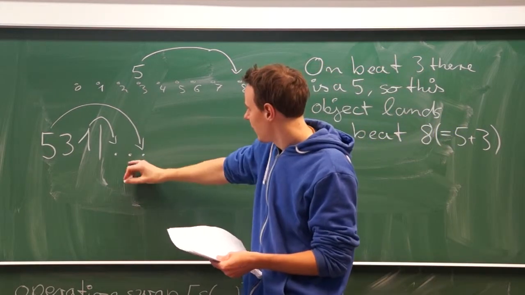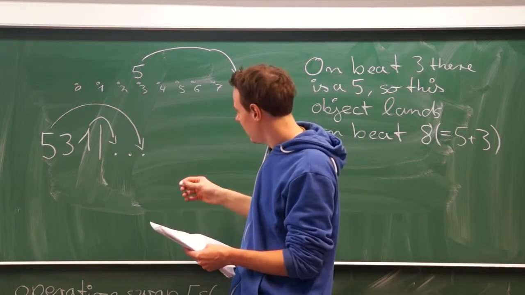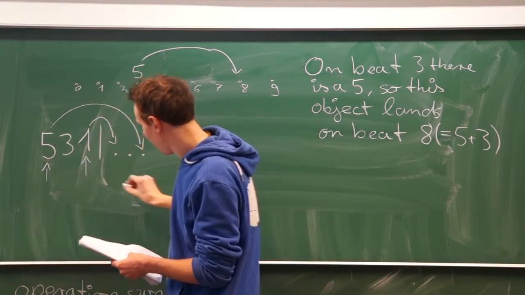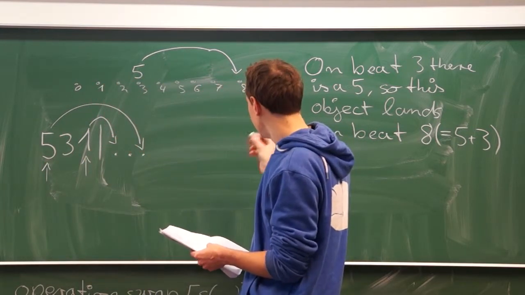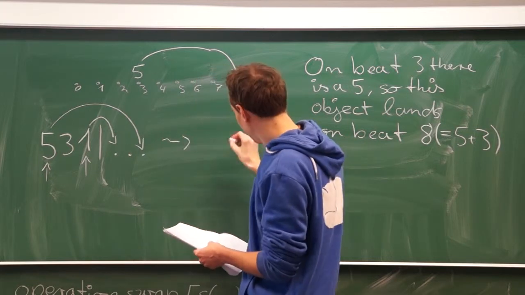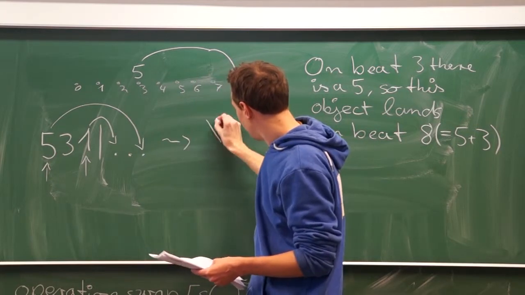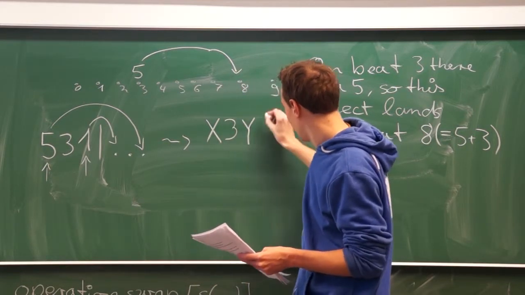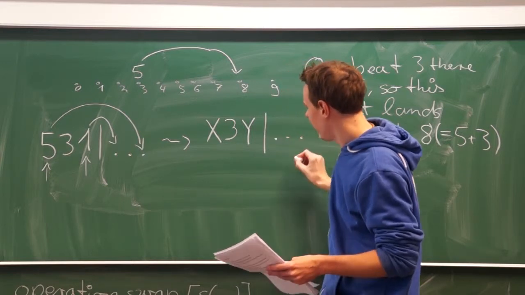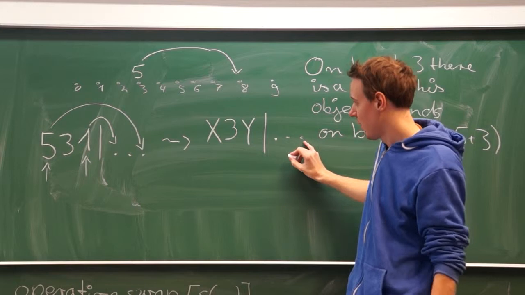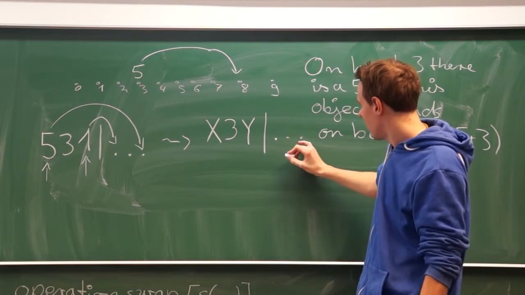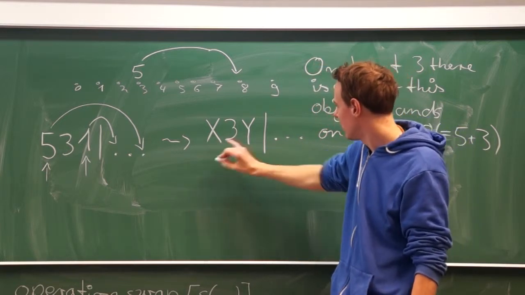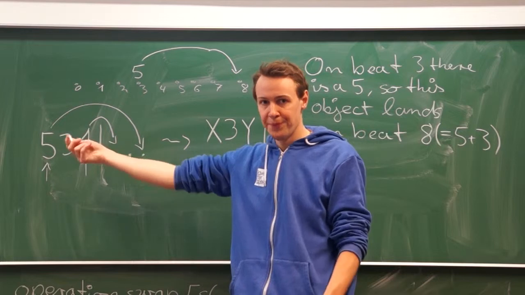And if we have a closer look at this here, and we want to swap, let's say this one and this one. We are searching for something, I don't know, I call it X, and another thing we don't know, but we do know that we want here and here an object, and we want this object here to land here on this beat, and this object here to land here, to swap them.